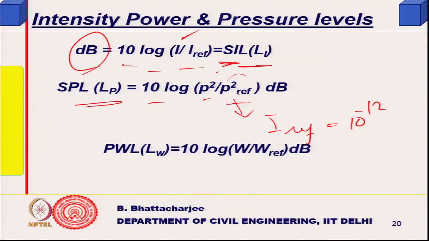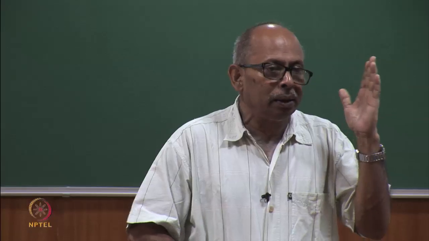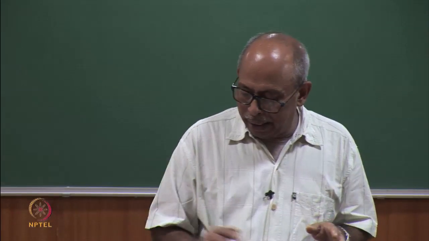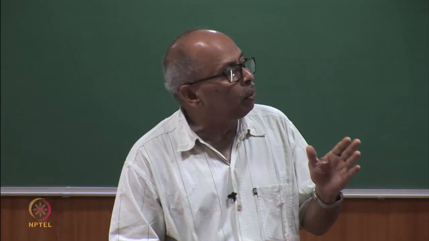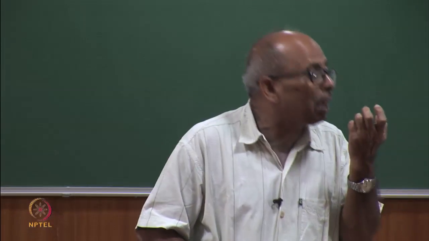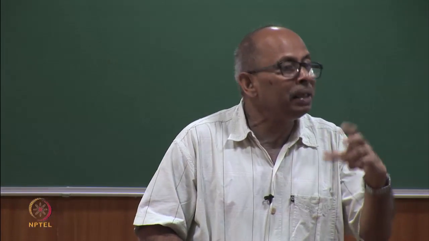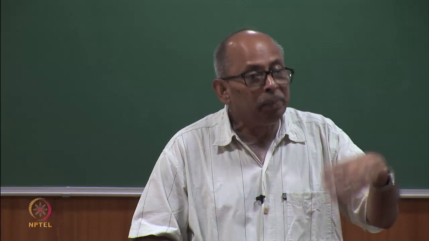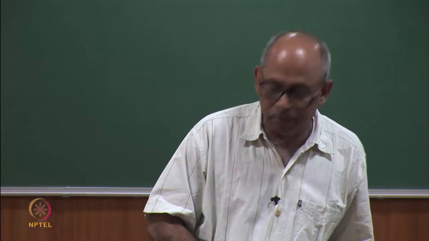Similarly, for a source, its power is W. Somewhere in the air I will measure the intensity, and that will fall onto my ear. Measuring intensity is difficult, because it is energy per unit area, while pressure can easily be measured by sensors.